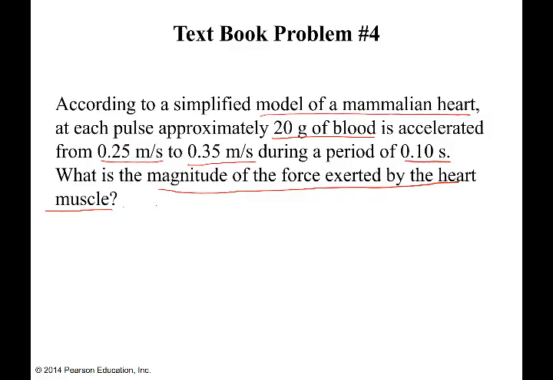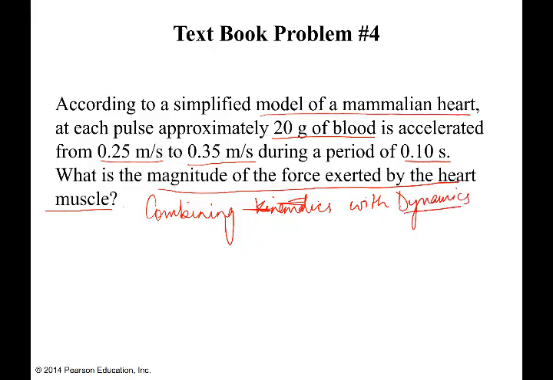Now we are combining kinematics with dynamics. Kinematics is the study of motion of objects, and dynamics is the study of forces. So we know that the net force is going to be equivalent to the mass of the blood multiplied by the acceleration.